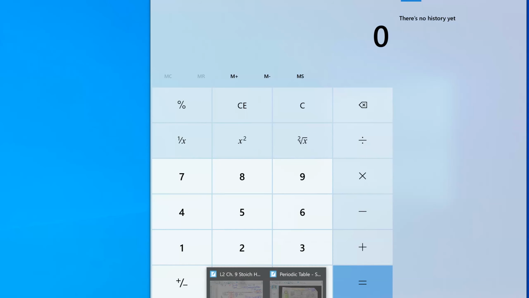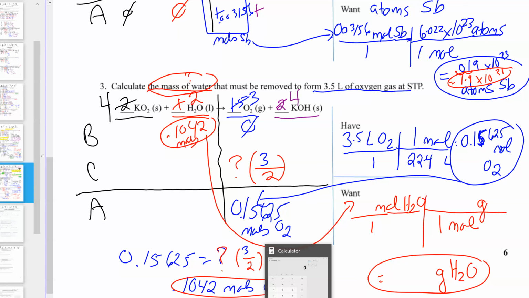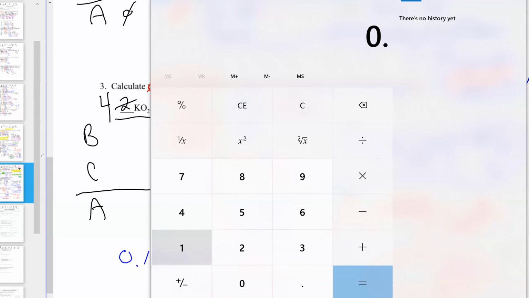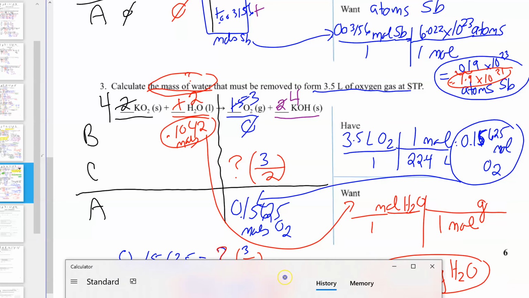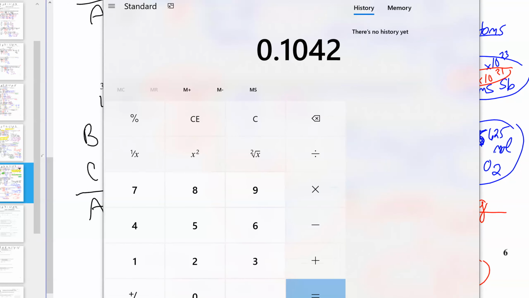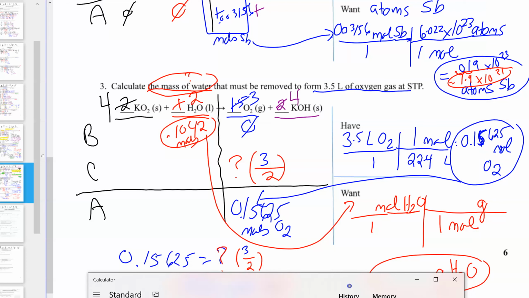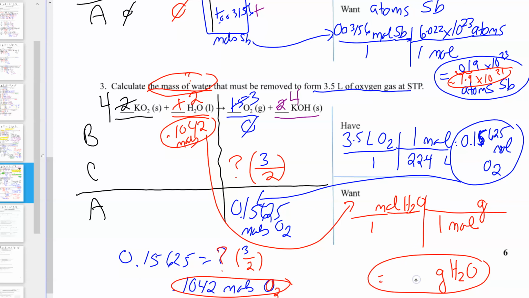We're going to take 0.1042, multiply by 3, divide by 2, and we get 0.1563, which is what we had essentially right here. So when I go backwards and redo my work, I should get the same answer, and I did. Good, we got there in the end.